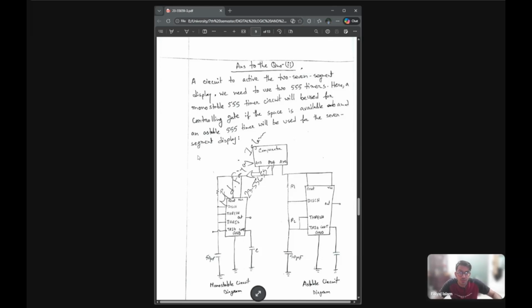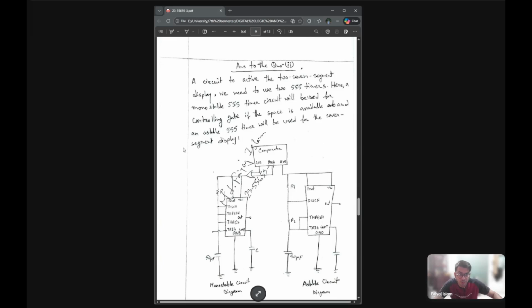Here we have the circuit schematic for the display counter. This comparator unit compares the counter output with the reference limit.